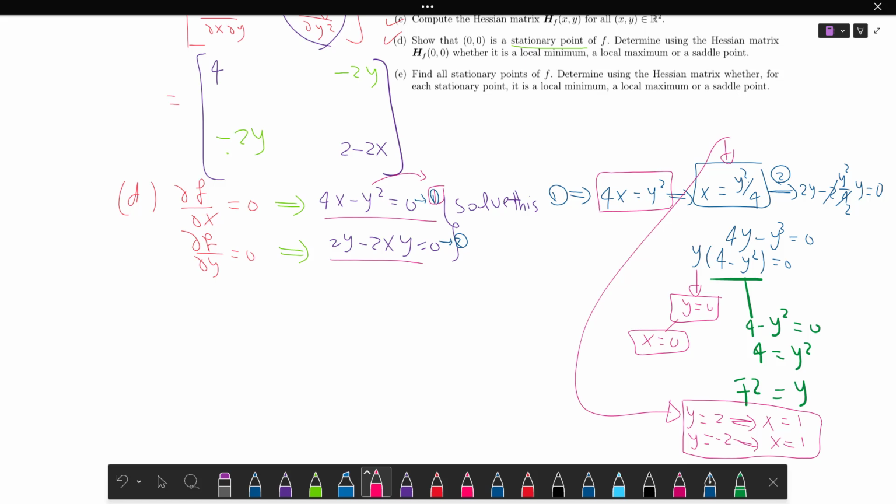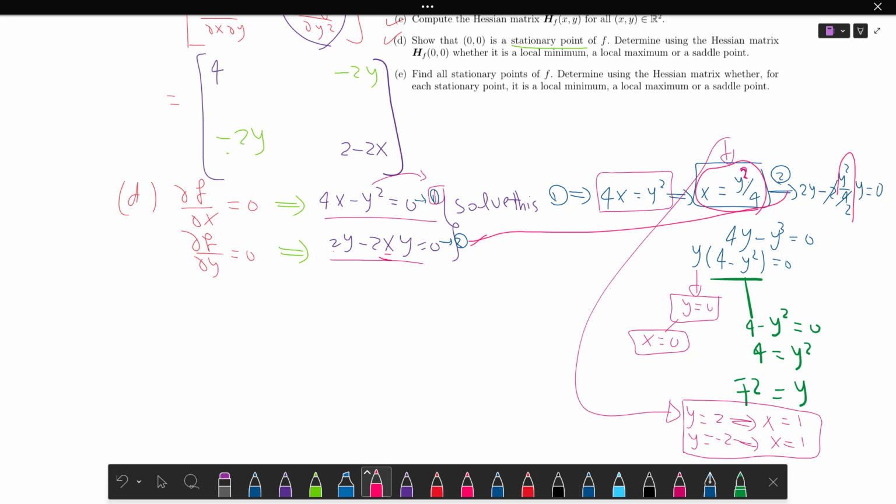I would like to substitute in number 2, right? So in 2y, I get x and replace it by y squared over 4, right?